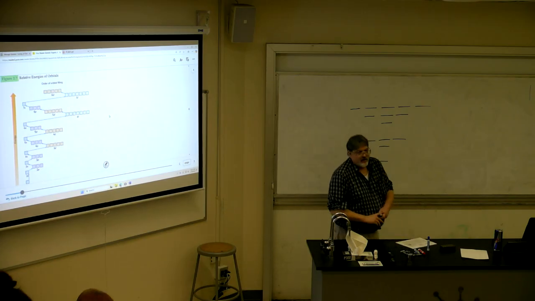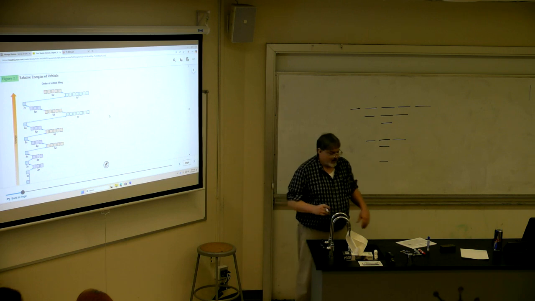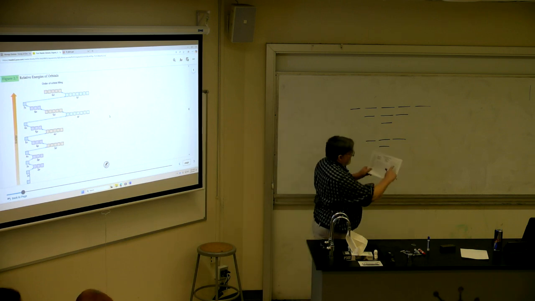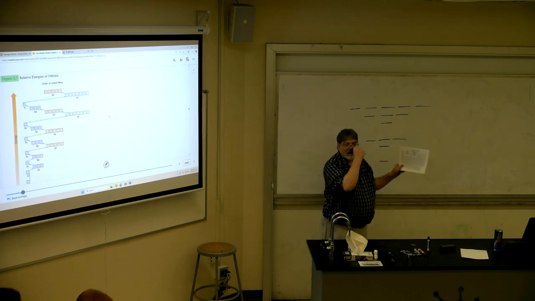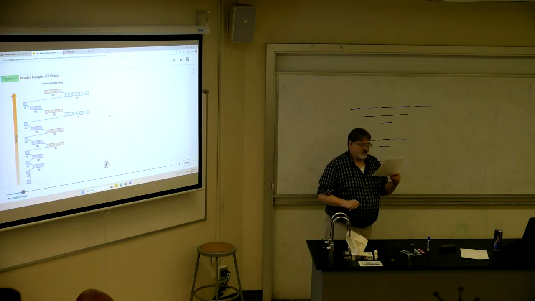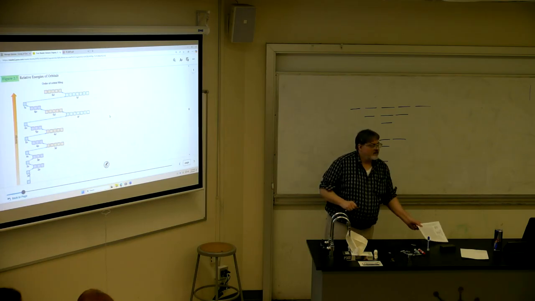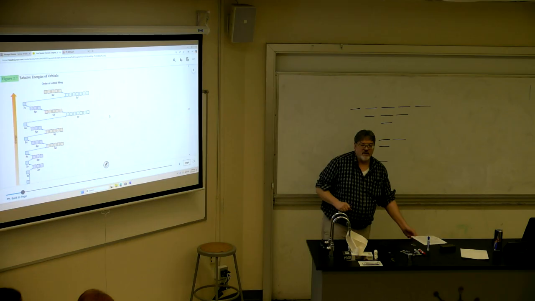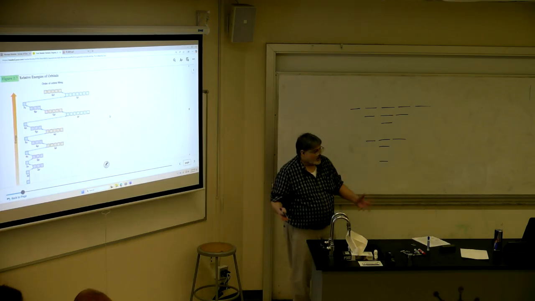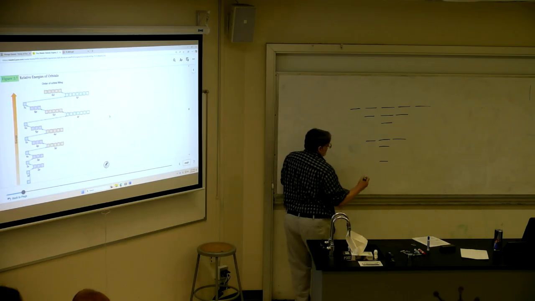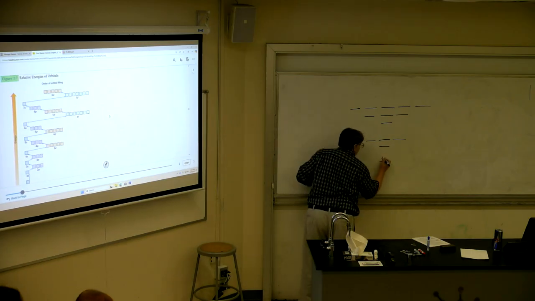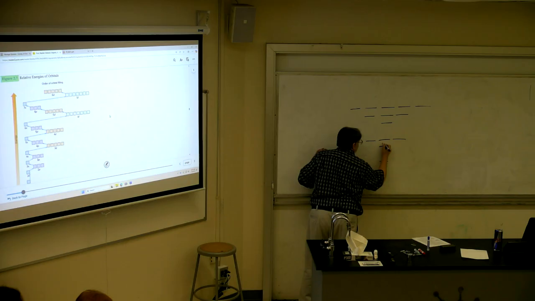What is the electron configuration of sulfur? All right, find sulfur, it's on the right side, over here. And what's the atomic number? 16. You see it? So how many electrons does it have?